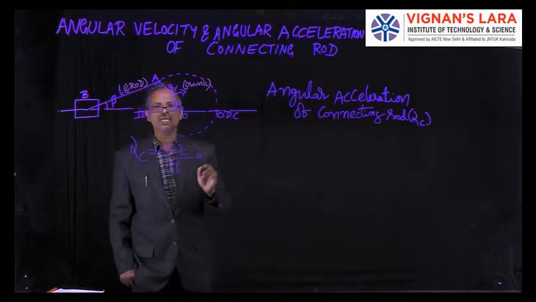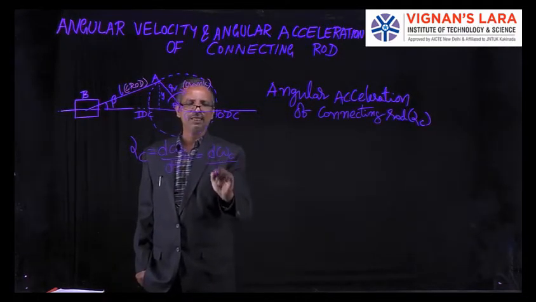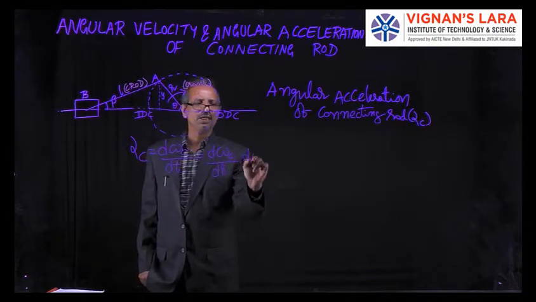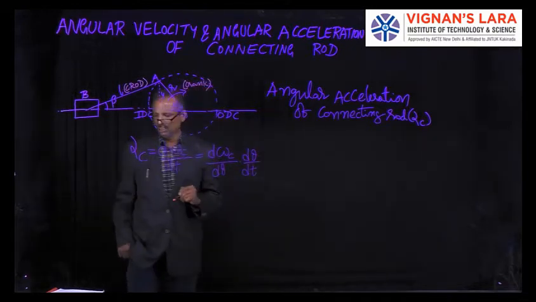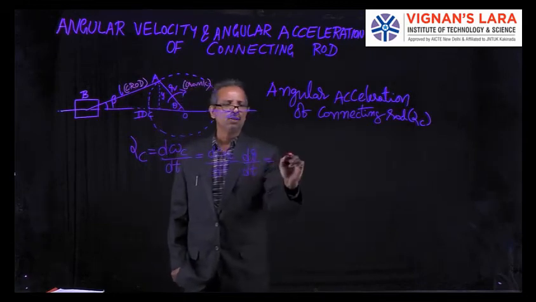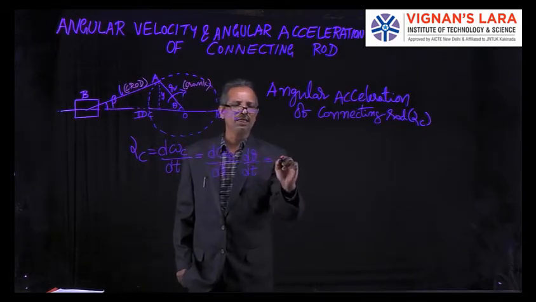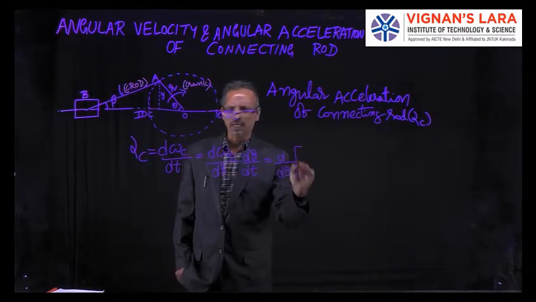So this also can be written as d omega c by d theta into d theta by dt. And we know d theta by dt is nothing but omega. So I can write d theta by dt as omega, then d by d theta of omega c.